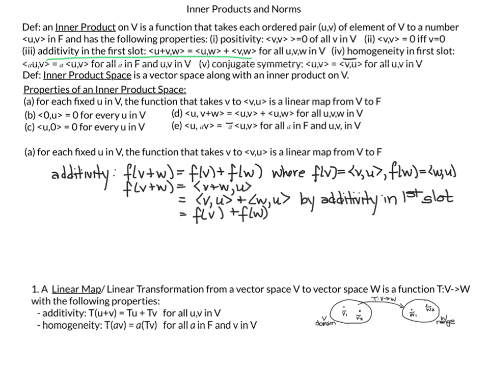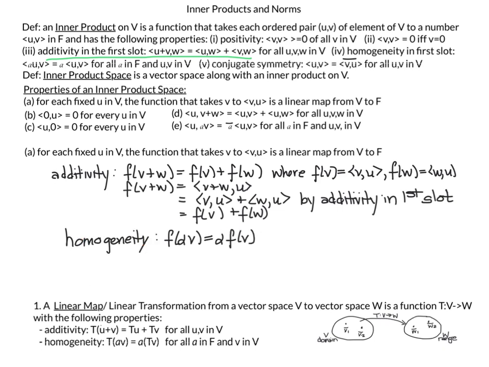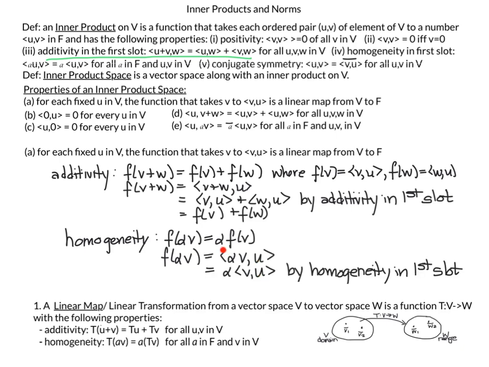So homogeneity is next. For homogeneity, I want to show that f of alpha v is equal to alpha f of v. f of alpha v is the inner product of alpha v with u. This is equal to, by homogeneity in the first slot, and this is a property, again, of our inner product, and I've boxed it in this yellow. Actually, I didn't quite get the property, I got the name of the property.